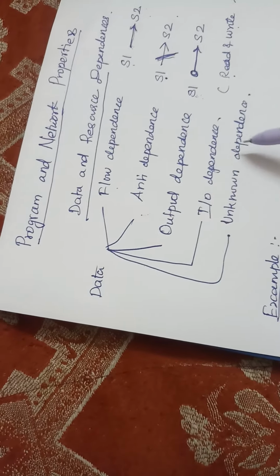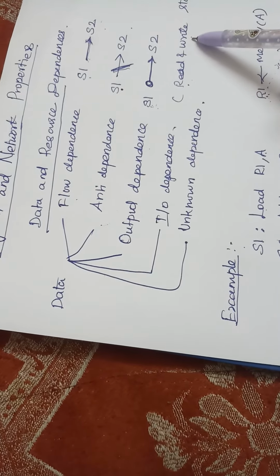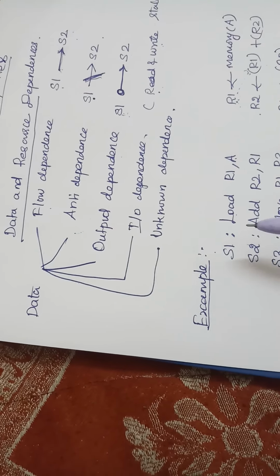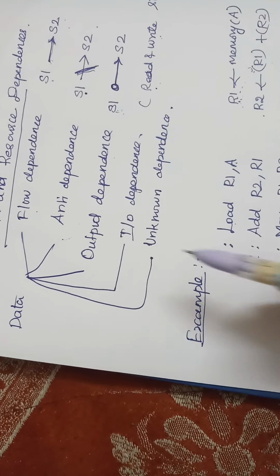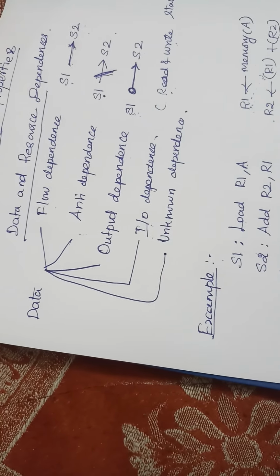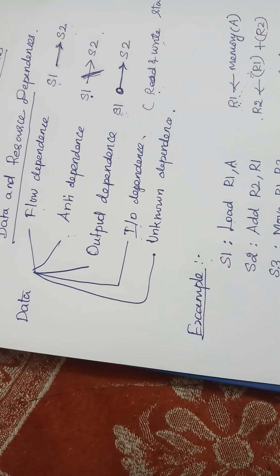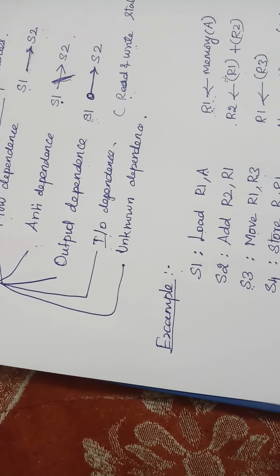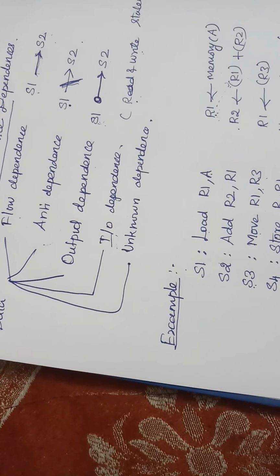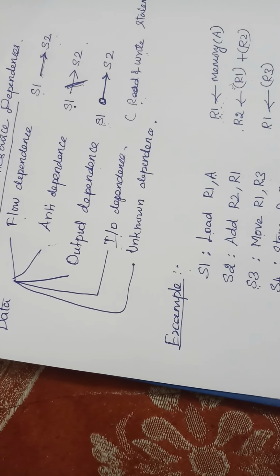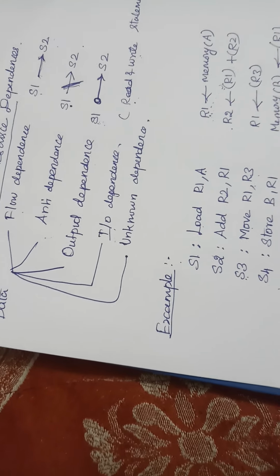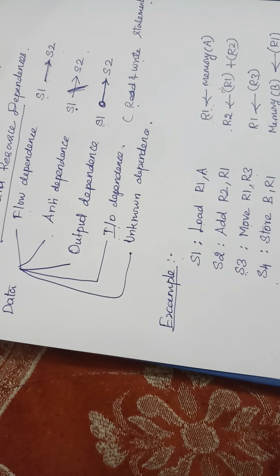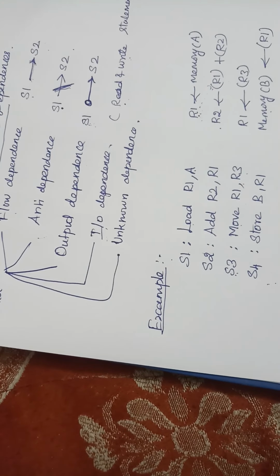We know that read, write, load and store statements involved in execution have IO dependence. So I am writing this one: S1, S3 have IO dependence.